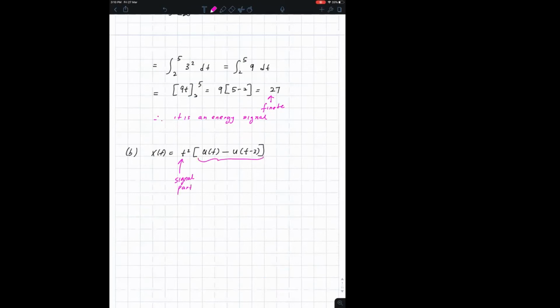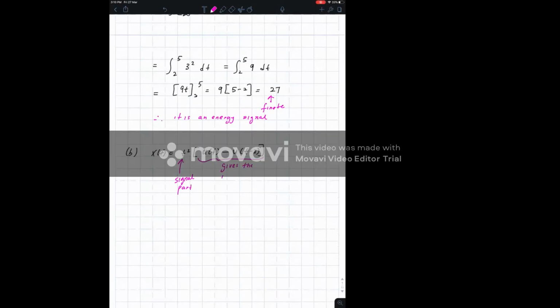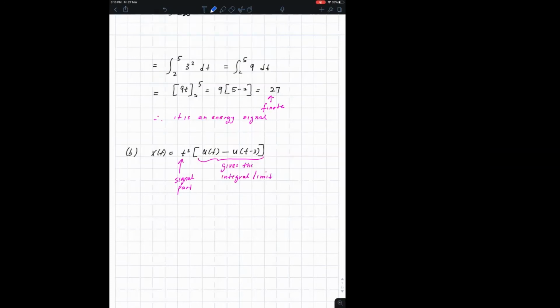The integral limit. You want to sketch this, like this is just a parabola, right? y is t squared, just a parabola.